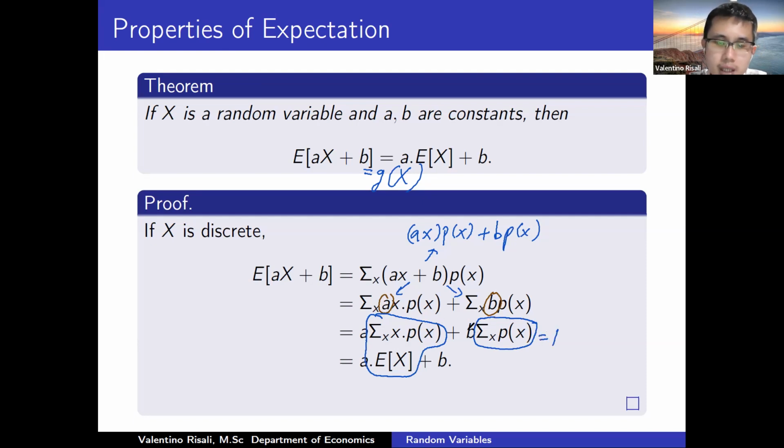So we get a times E[x] plus b, and we have done our explanation of the theorem in the discrete case.